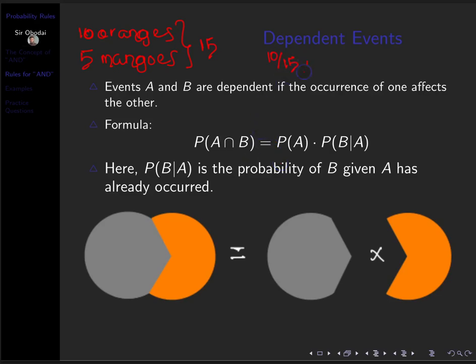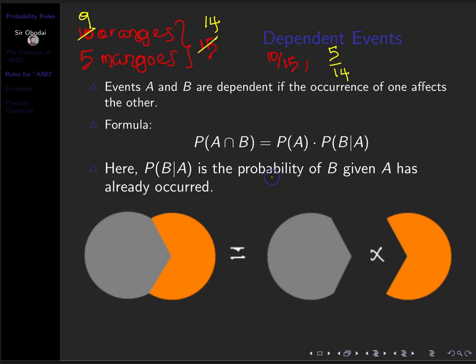This time around you are not replacing it, so the number of oranges reduces from 10 to 9. Same applies to the total, from 15 to 14. So if it's a mango you want, then the probability of you obtaining a mango becomes 5 over 14. You get it?